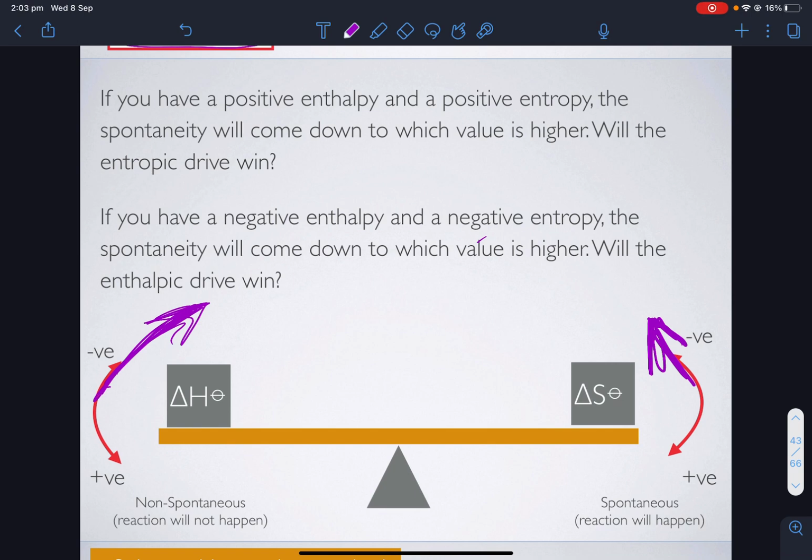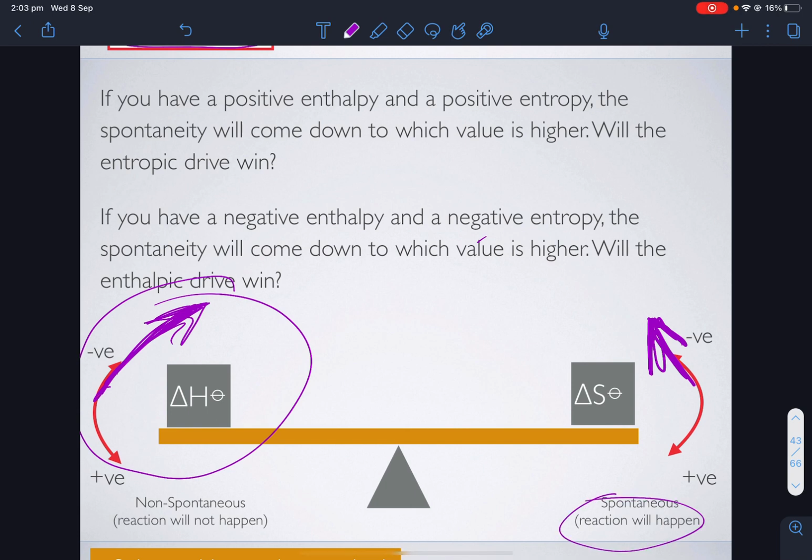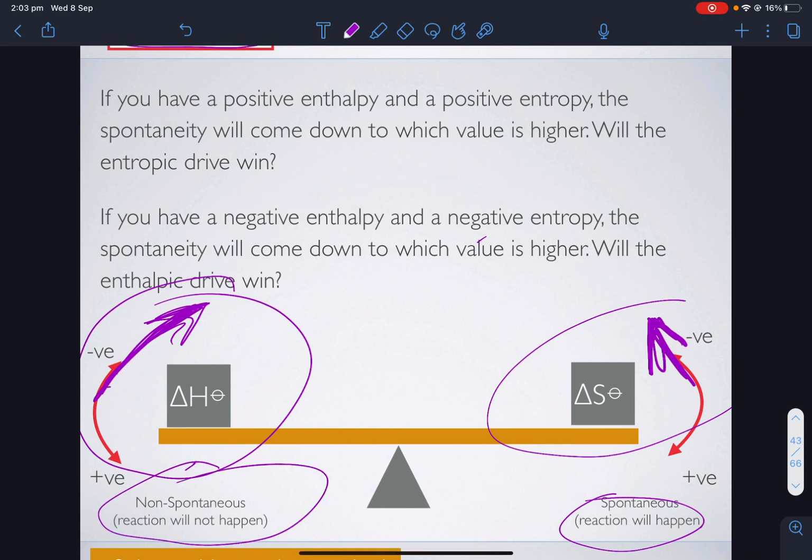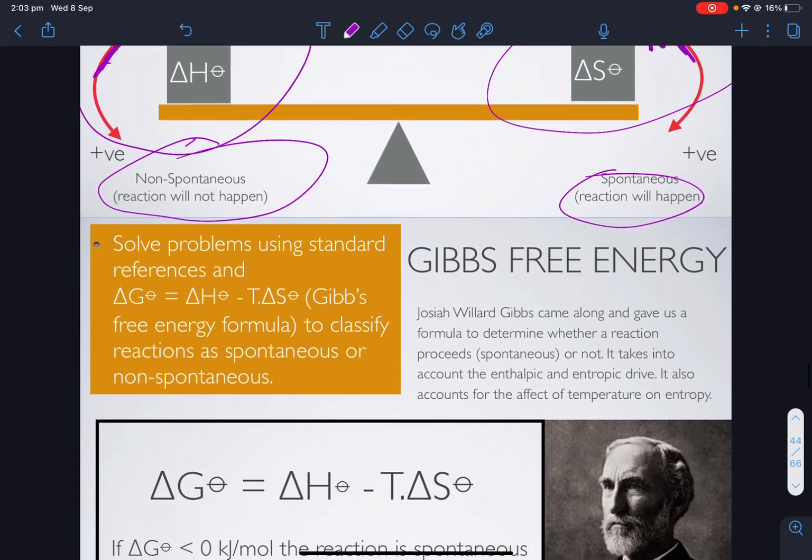If the enthalpy is overcoming the entropy, it will slam back down and be on the spontaneous side. But on the other hand, if the negative entropy is so large, it will push it over to the always non-spontaneous side. So for these two cases, we don't have enough information. We need to quantify which one is bigger to know which way it'll push our little seesaw, to determine whether it's going to be spontaneous.